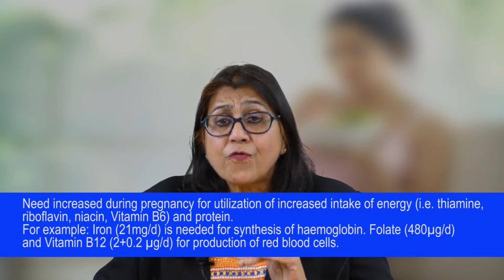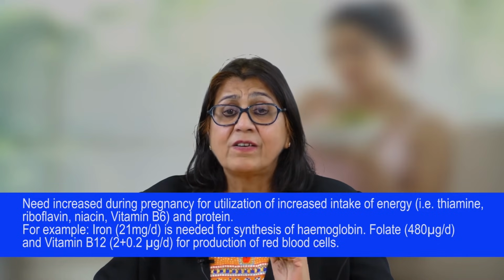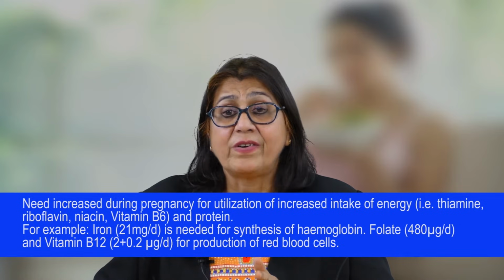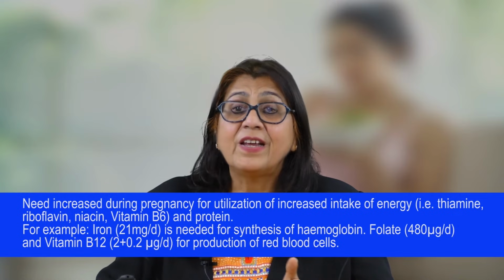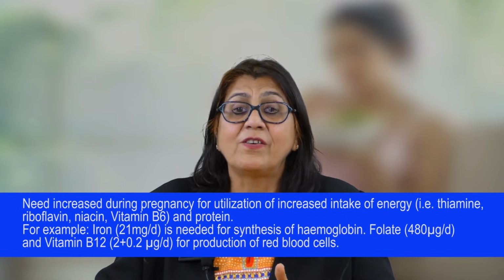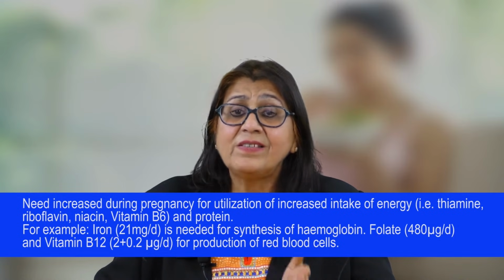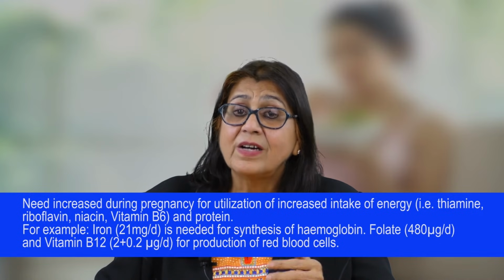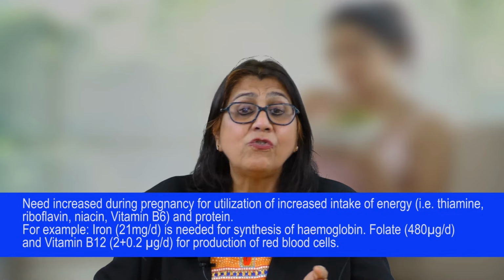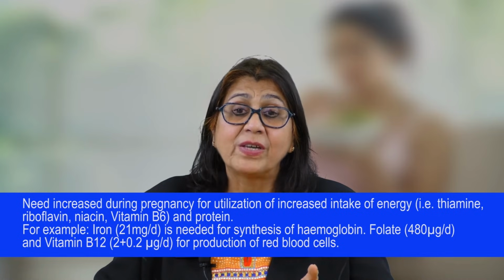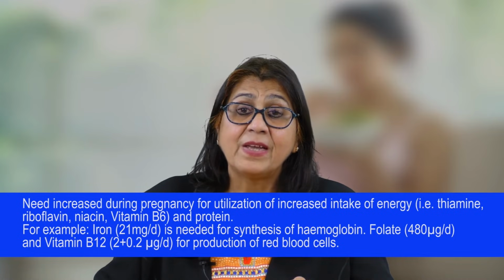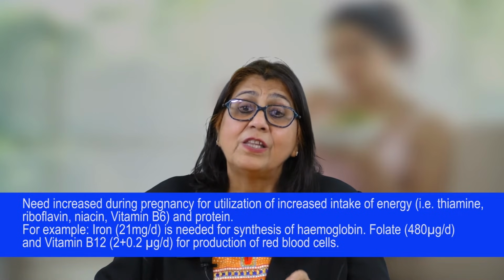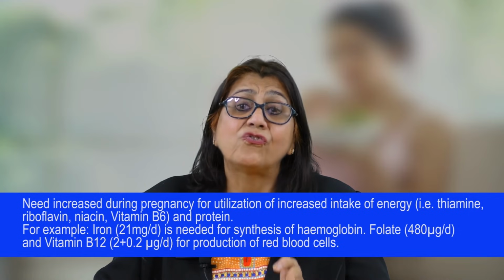Similarly, for folate and vitamin B12, along with iron, to support the increase in the blood volume, these requirements are increased. For folate, an adult woman may need only 180 micrograms, but at the time of pregnancy, and in fact before the pregnancy, the folate nutrition needs to be good.